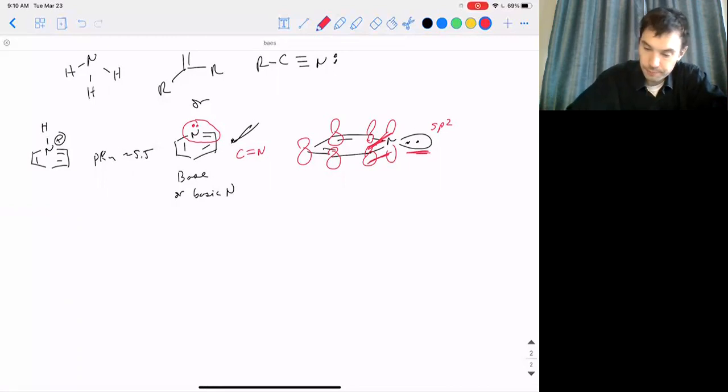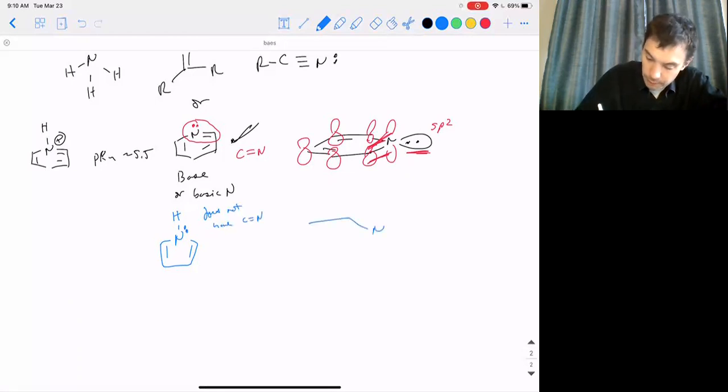This is going to contrast quite markedly with the 5-membered heterocycle pyrrole. You'll notice in this case, we draw an N lone pair on nitrogen. It does not have a C double bond N. If we look at the structure of that pyrrole on the side, each of these carbon atoms has a p orbital for a pi bond.